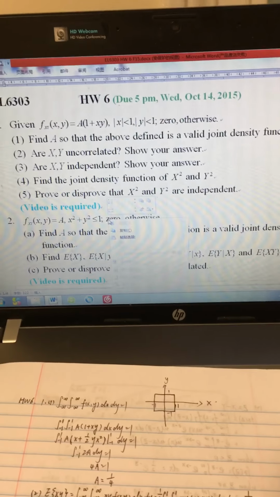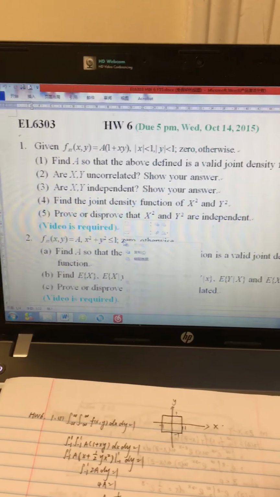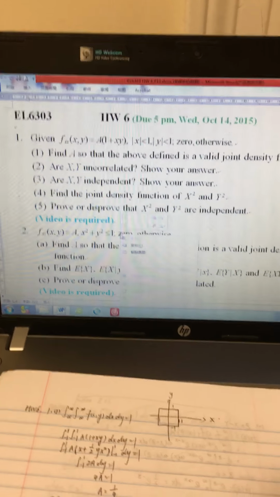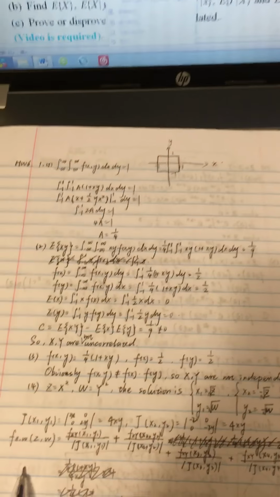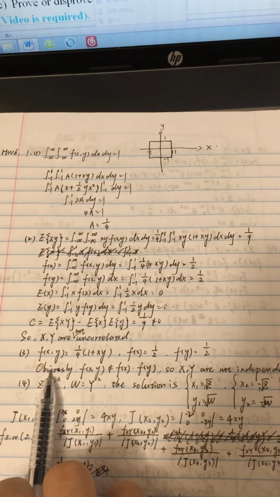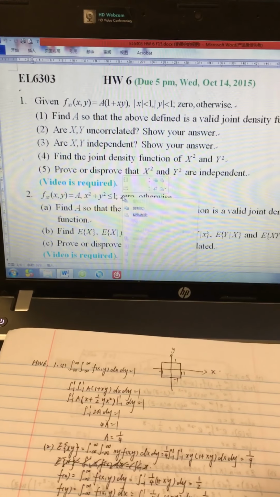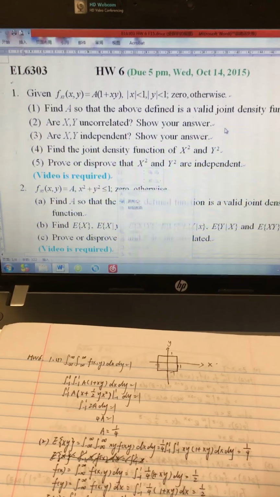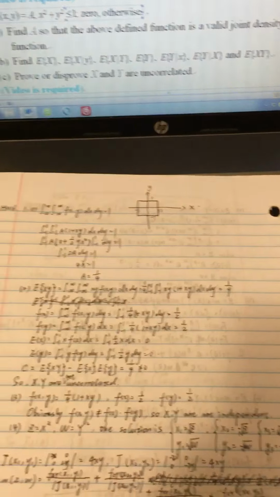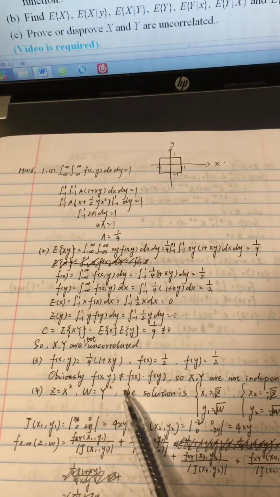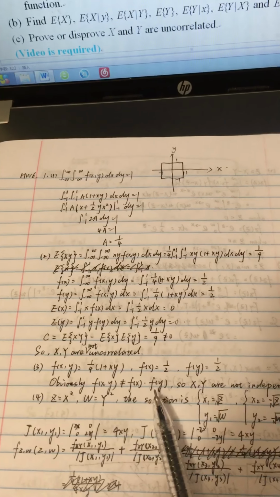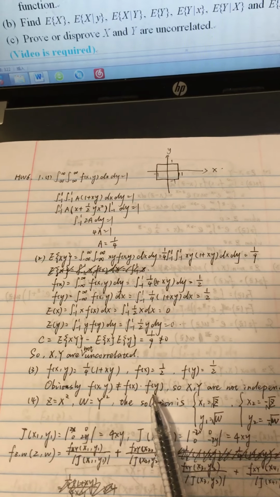Okay, for the third sub-question, are x and y independent? Show your answer. To prove or disprove x and y are independent, we need to calculate whether f(x,y) is equal to f_X times f_Y.